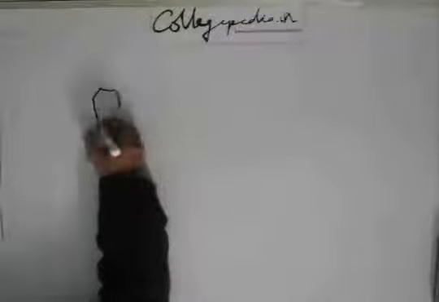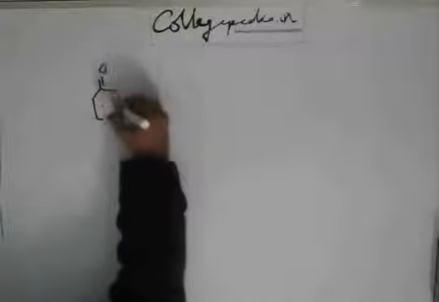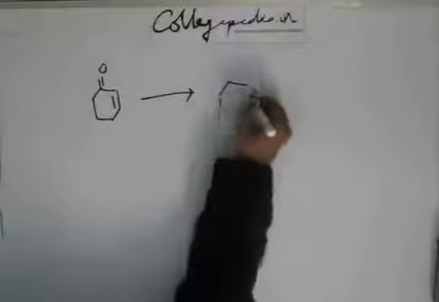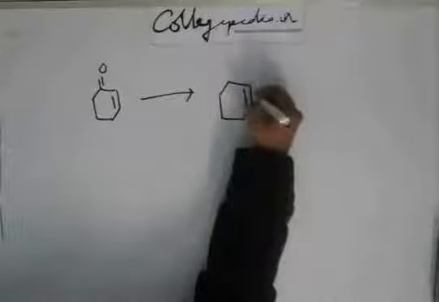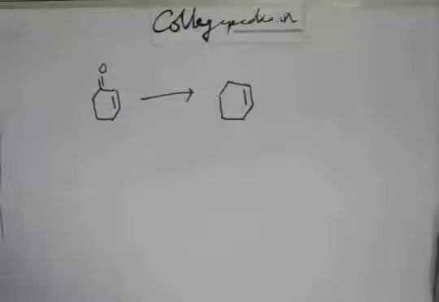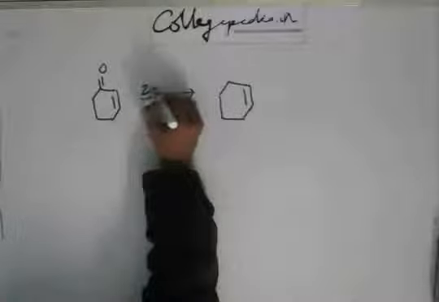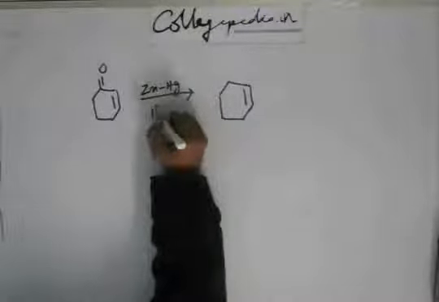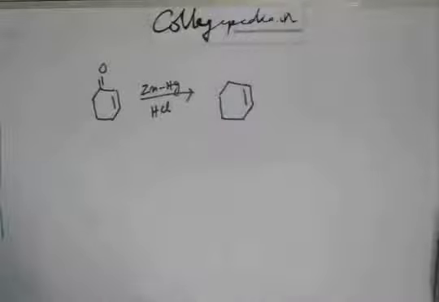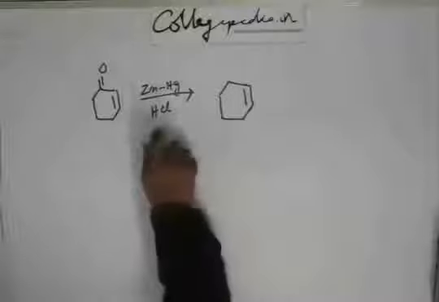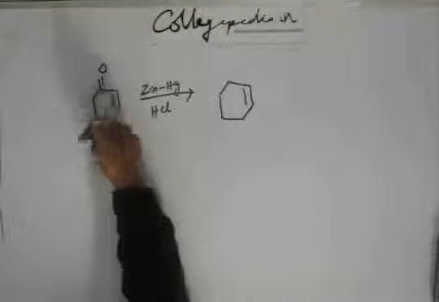For instance, suppose I have this carbonyl group and I have to reach cyclohexene. Now you have been asked to choose a suitable reagent to carry out this conversion. Now if you go with Clemmensen reduction, if you add amalgamated zinc along with dilute HCl, then you will do a blunder, because we have learned that this reagent reduces a carbonyl group into an alkane, and that's true.